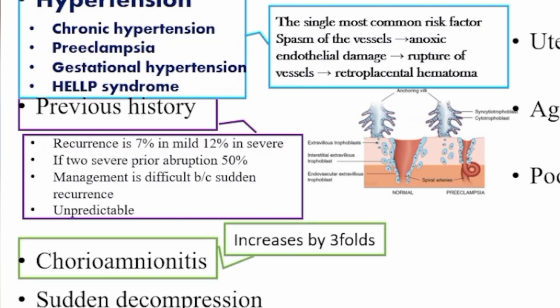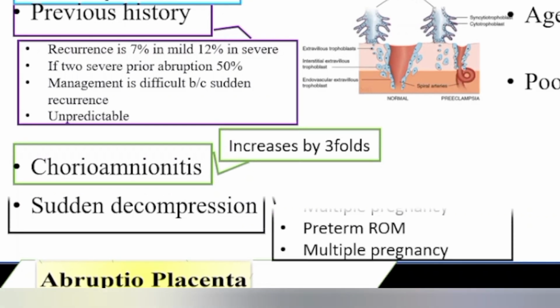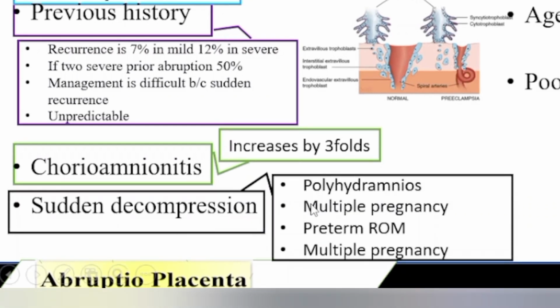The other is chorioamnionitis. That means an infection of amniotic fluid, so that increases this risk by threefold. Sudden decompression happens in polyhydramnios, multiple pregnancy, and preterm premature rupture of membranes. In these cases, the uterus was distended very severely.